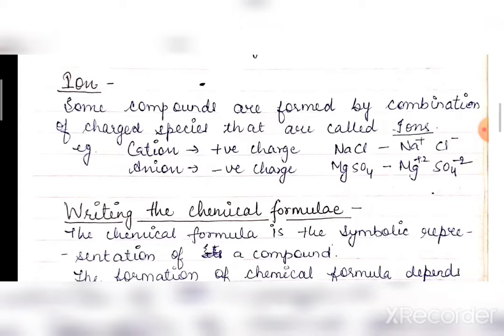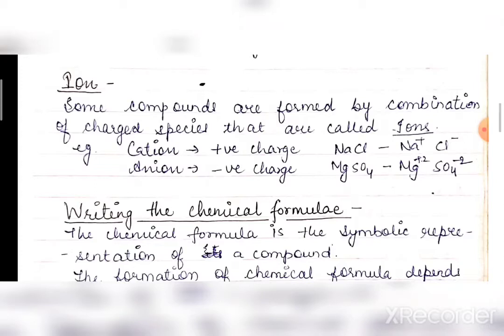Now why are these ions formed? Just to attain the stable noble gas configuration, that means for their stability they generally gain electrons, lose electrons, or share electrons. So the elements which do the gaining and losing, they gain a charge.